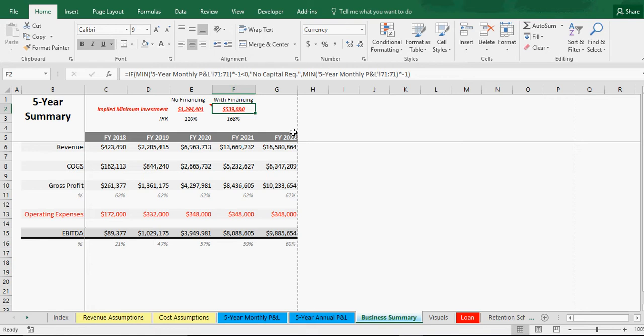So that means you're getting less capital back than if you had put all the cash up front, but you're putting a lot less capital into the business to get that return. You're putting 540,000 in instead of 1.3, so your internal return is 168.